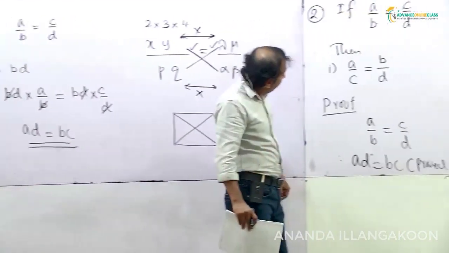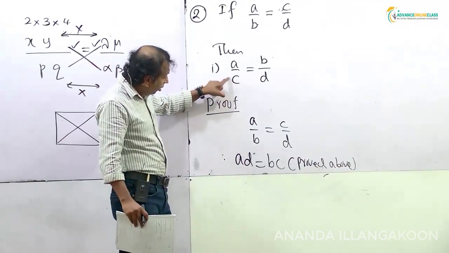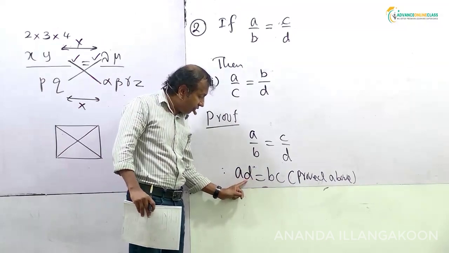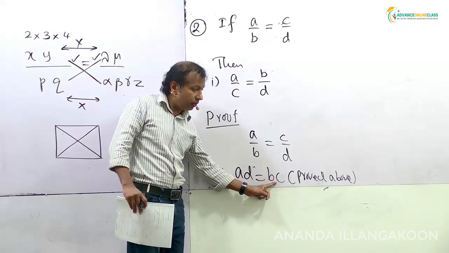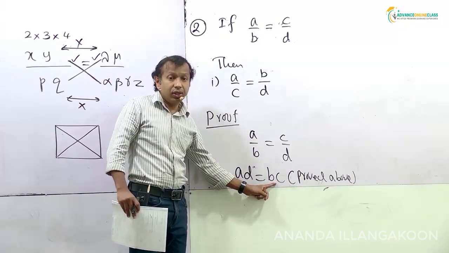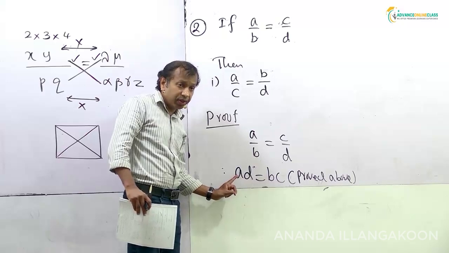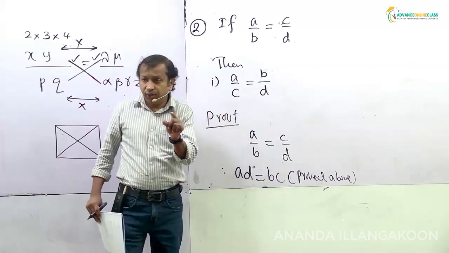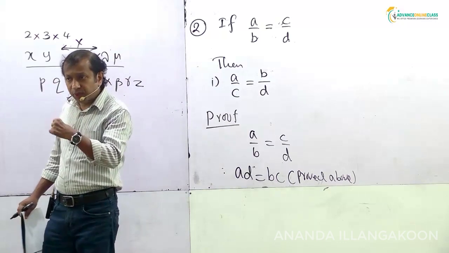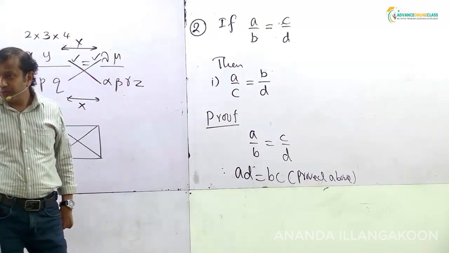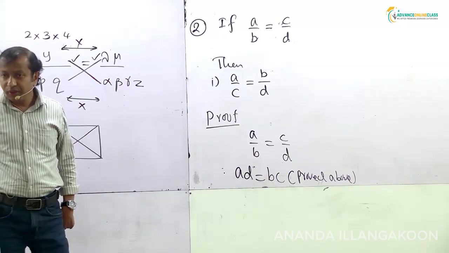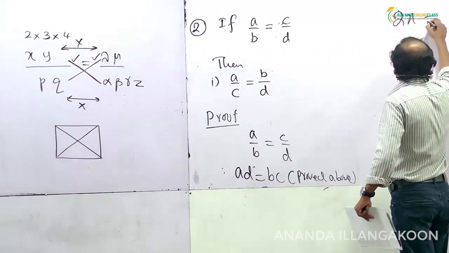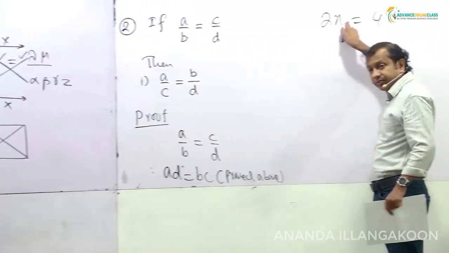Now to get this result, what I do is I divide the left hand side and right hand side of this by the CD product. You know, both sides of an equation we can divide by the same value. It won't change. When we have an equation like 2x equals 4, how to find x?